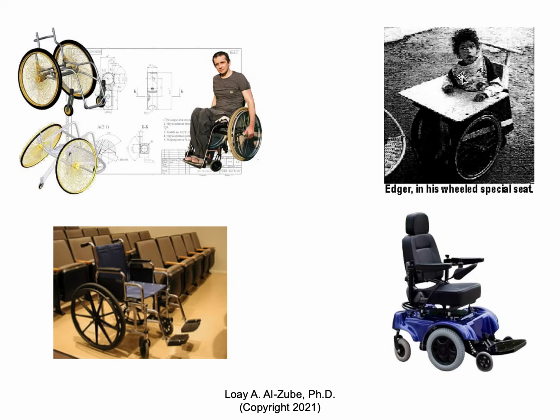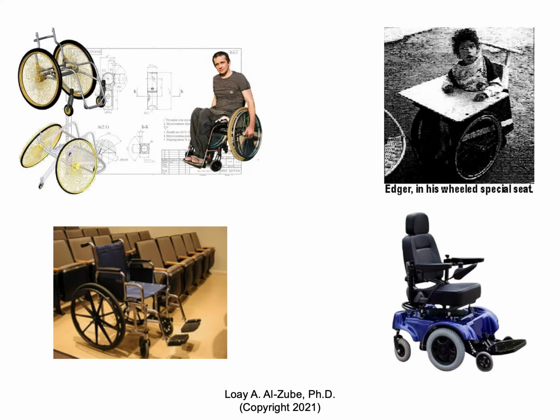I think this was the first design for a wheelchair, and then we moved to this standard wheelchair, and then we did some design to improve performance and reliability, especially for someone who is playing sports, so we moved to this design on the top left, and nowadays we have powered wheelchairs. This is a huge industry actually, so we're moving into more complex designs and more complex solutions.